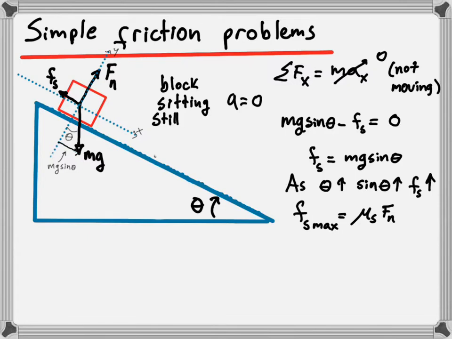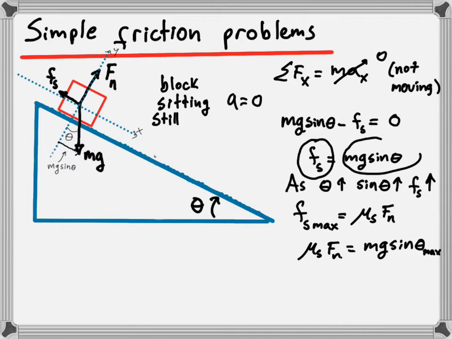But at this point we still have to figure out what the normal is. We can use that equation: mu sub s times Fn, which we don't know yet, which is the maximum force of static friction, is going to be equal to mg sine theta. So we can write mu sub s Fn equals mg sine theta max.